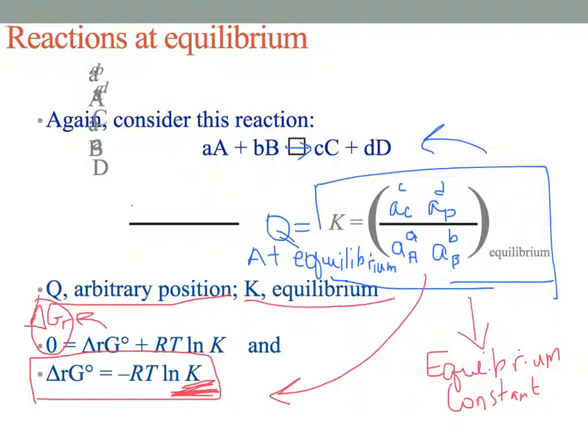Well, from everything that we just learned on the slide, the first one is we can calculate the equilibrium constant with the same type of expression we saw for Q, by understanding that it is only used when the reaction is at equilibrium. The second is we know that when that reaction is at equilibrium, the reaction Gibbs energy is equal to 0.